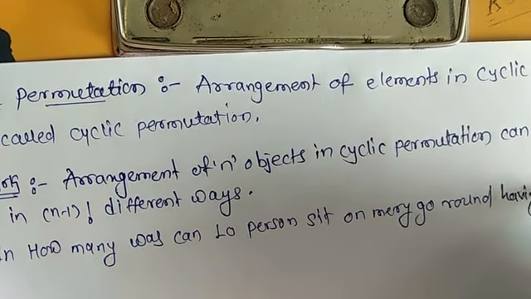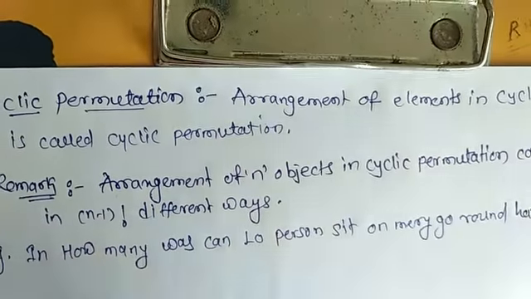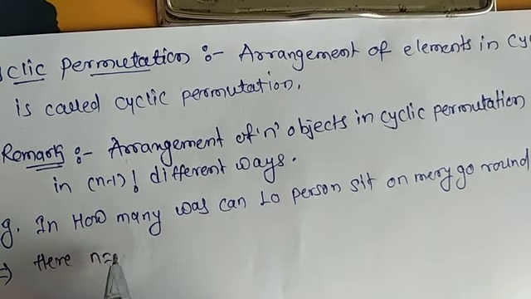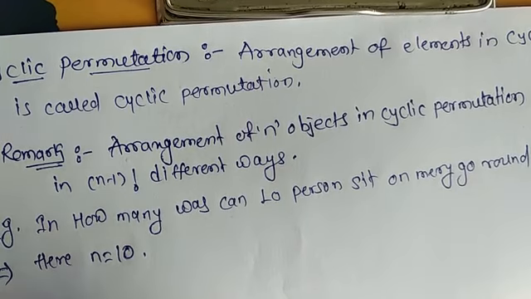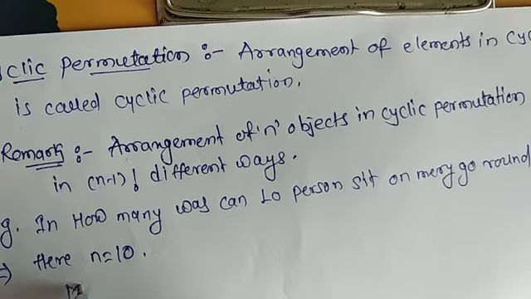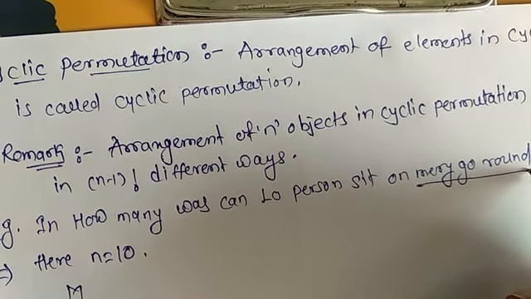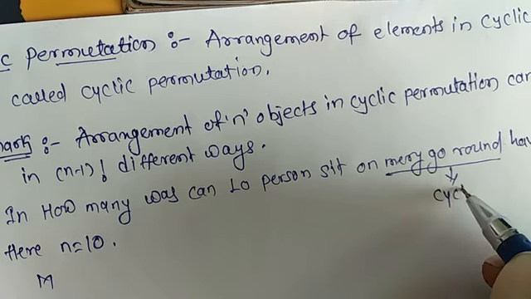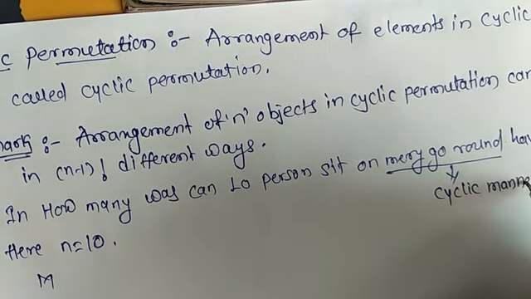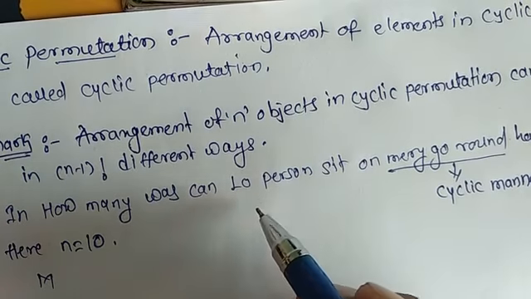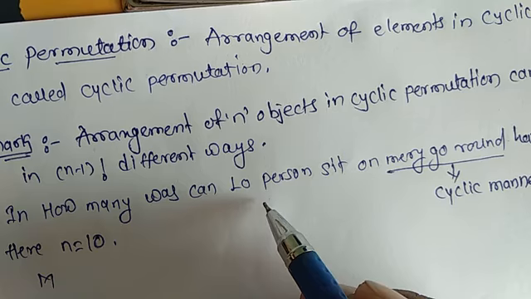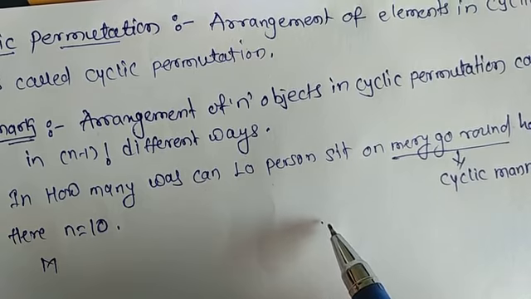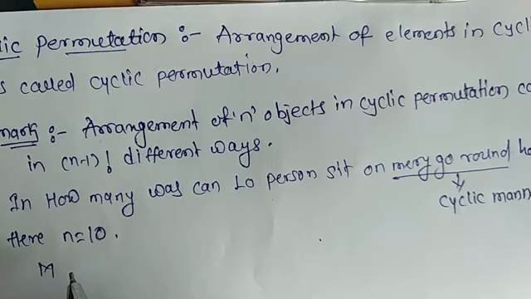Here n is equal to 10, and the merry-go-round is an arrangement of persons in a cyclic manner only. Cyclic means a round-shaped arrangement, where we start from a point and end at that same point. That type of arrangement is known as a cyclic manner.